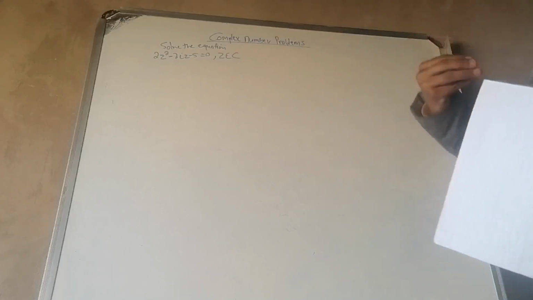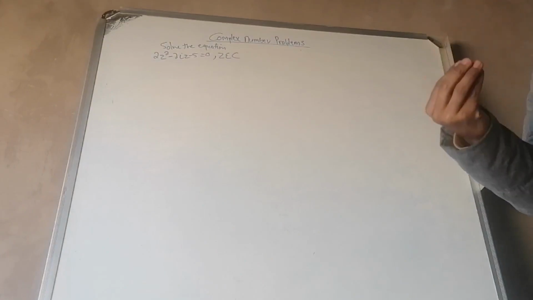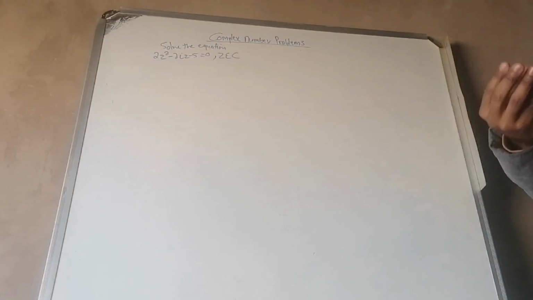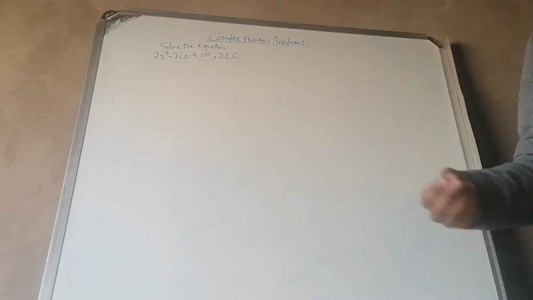So once we have found z, we must find z as a complex number. How do we know that? How do we find z as a complex number? It must have the real part and the imaginary part, because that's what a complex number is all about.